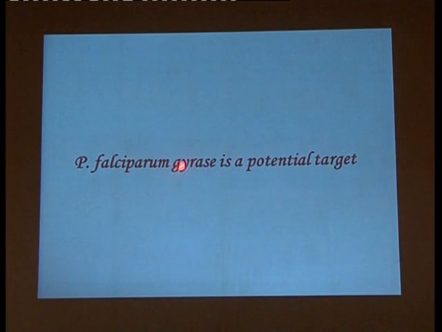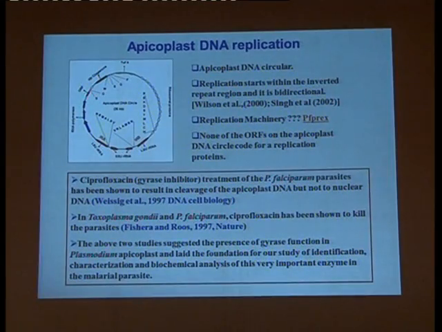First, falciparum gyrase is a potential target. In the apicoplast, there is a 35 kb circular genome, which codes only for some of the rRNAs and tRNAs. It was shown in 1997, when no genome sequence was available, that if you use ciprofloxacin, which is conventionally a gyrase inhibitor, you can kill the parasites.